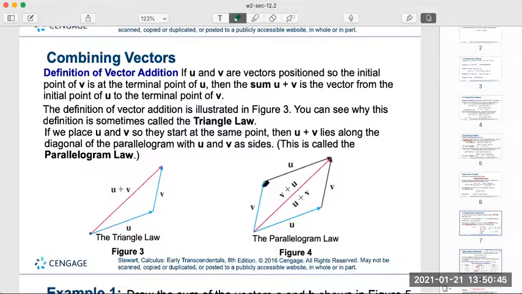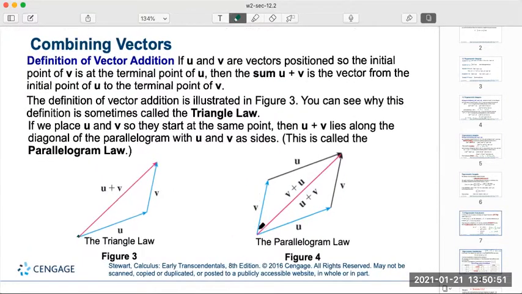The initial point of the blue one is right here, while the second vector V has its initial point right here. They have different initial points, but point in the same direction with the same magnitude. Therefore, they are equal, so we can use the same notation V.